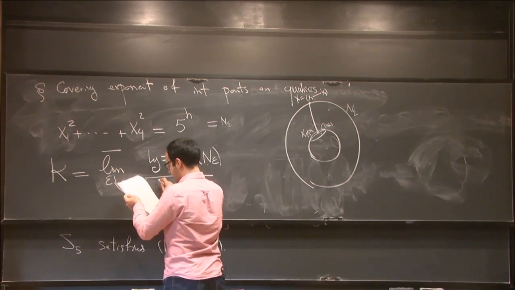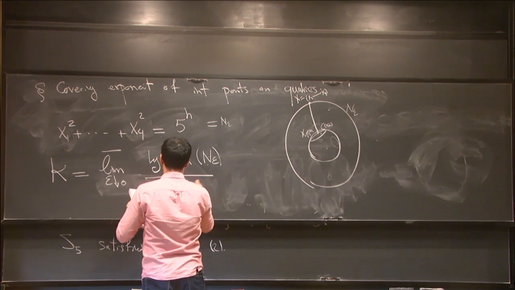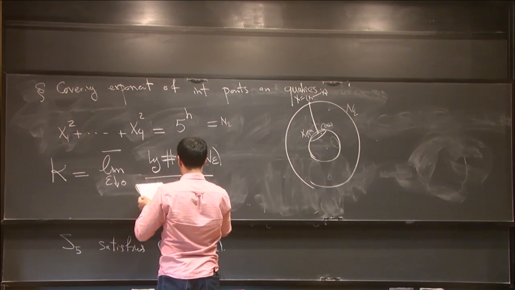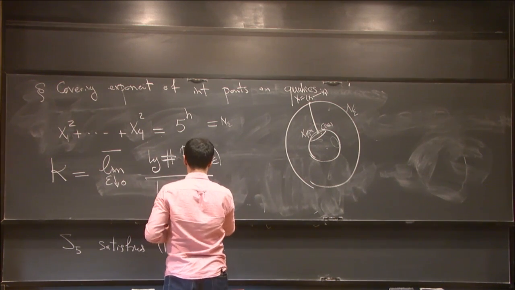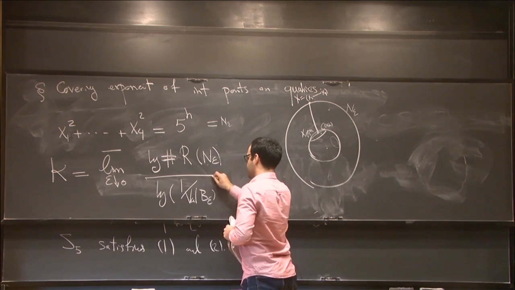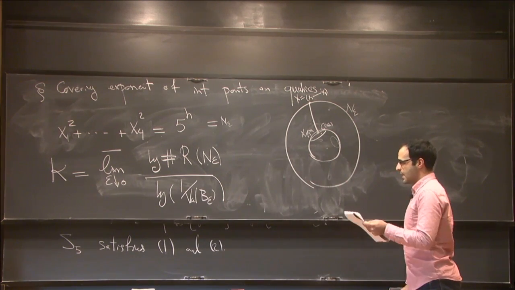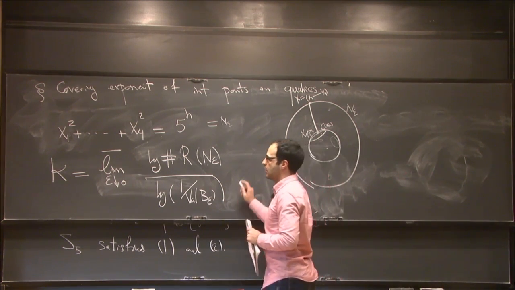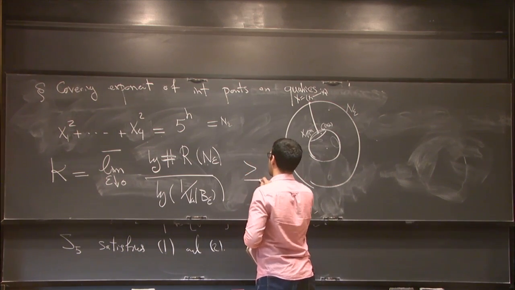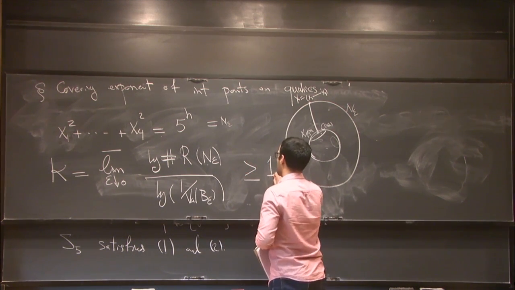This is divided by log of 1 over the volume of a ball of size epsilon. As defined, by the pigeonhole principle, you can easily see that this is always bigger than 1.